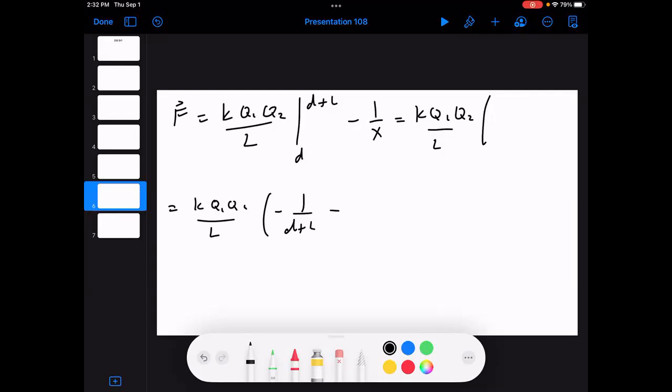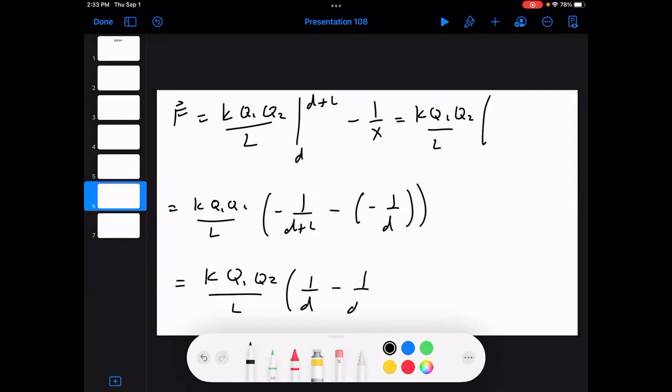Minus a -1 over d. And let's get through this because I don't want to just leave it. But at this point, we're just doing algebra, right? And while algebra might not be our best friend, I think we can do it.